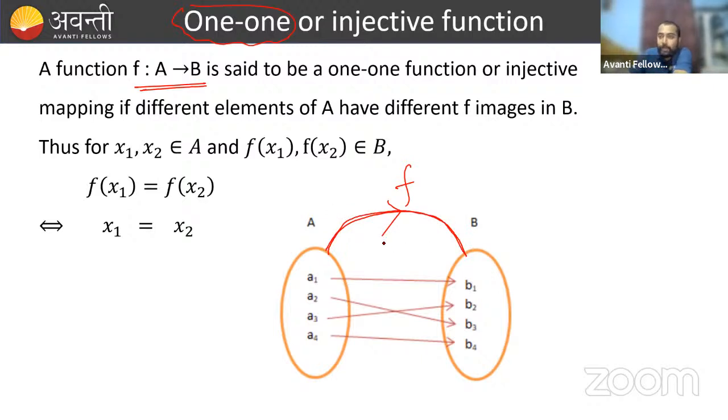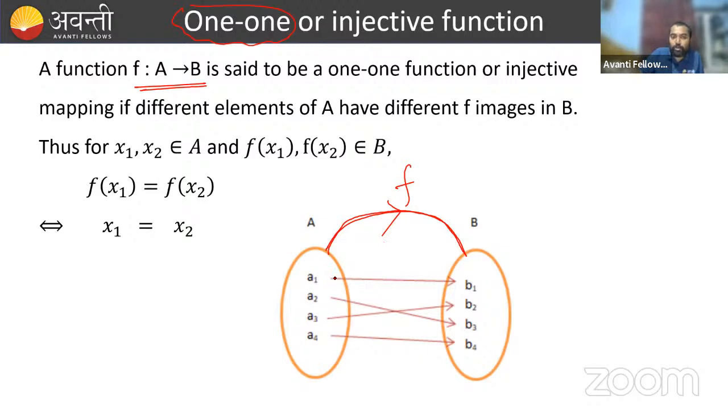How can we verify whether this function is 1-1 or not? The definition says that if different elements of set A have different images in set B, then we can say the function is 1-1.